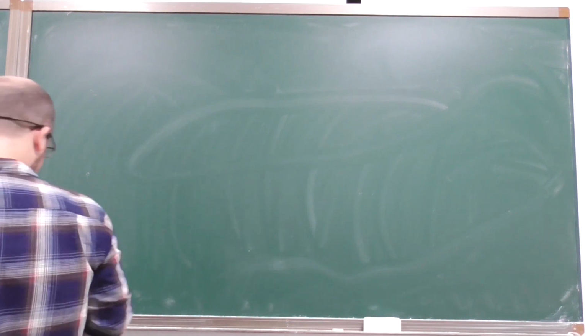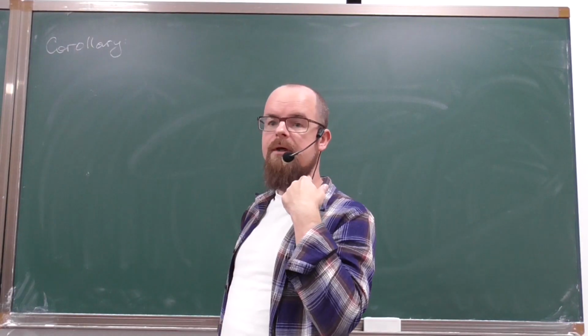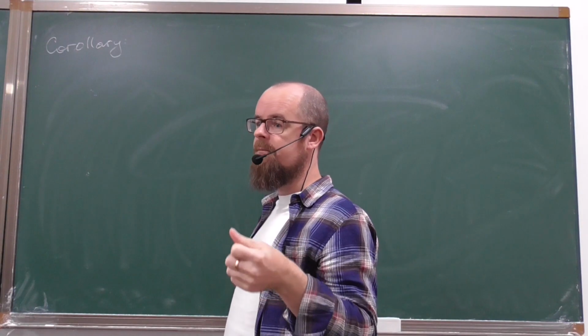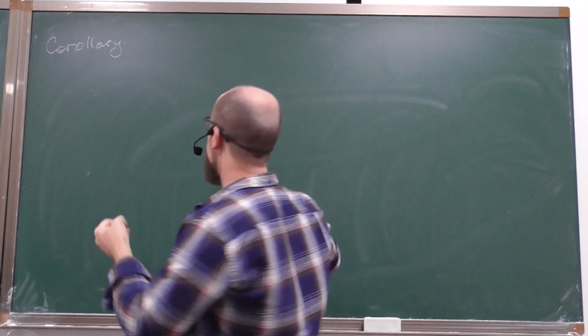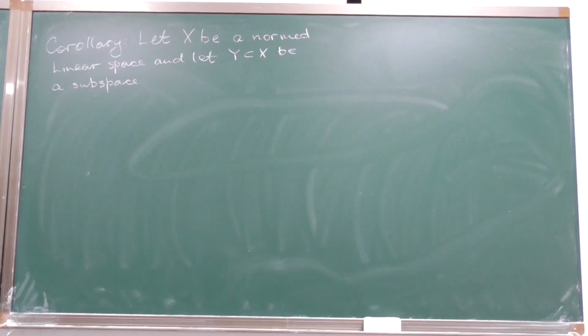normed linear spaces. So let X be a normed linear space and Y be its subspace. Now, if we consider a bounded linear functional on Y, then we can extend it to the whole space X, preserving the norm.